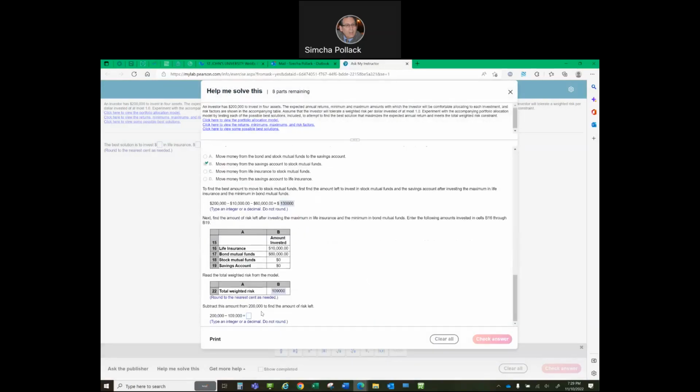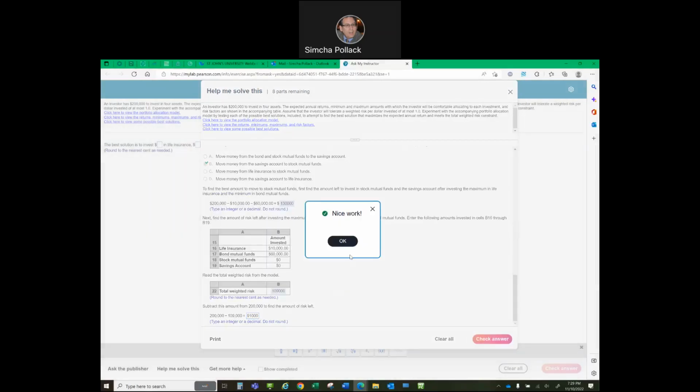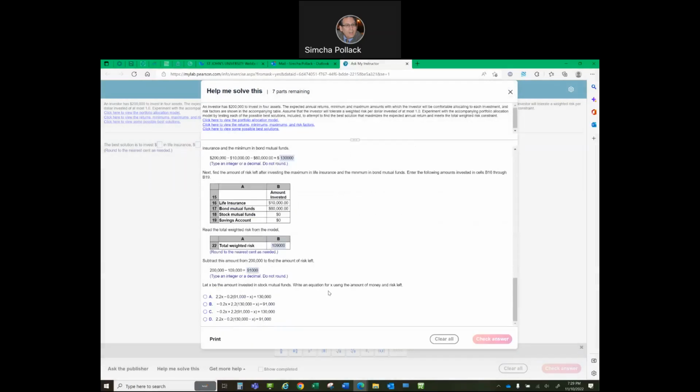Okay, here comes the mathematics. So if we have 109 and we have 91,000 risk points left over, that suggests the following equation. And here's where we're going to need some explanation, where it's hard to do without writing. X is the amount we've decided above.